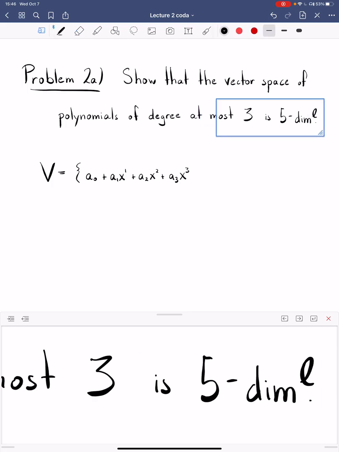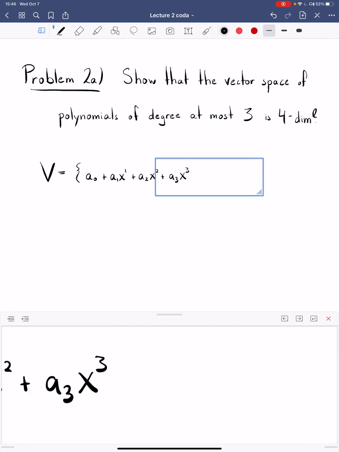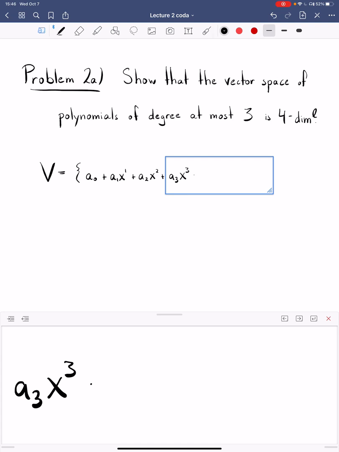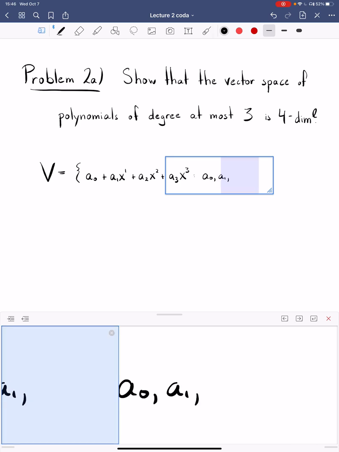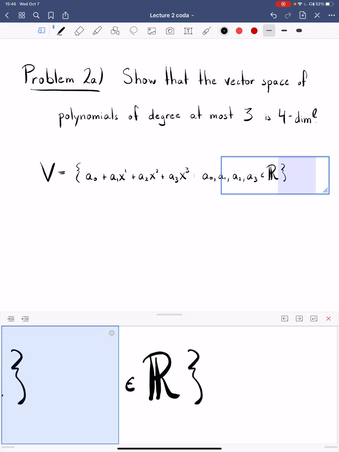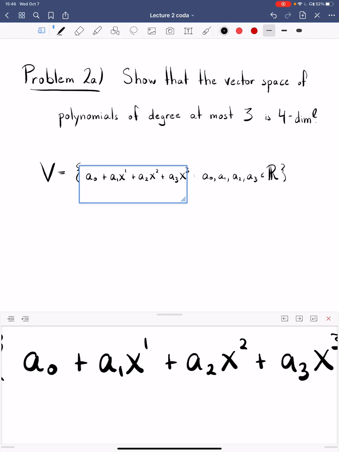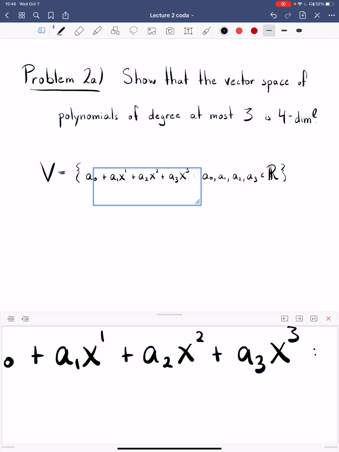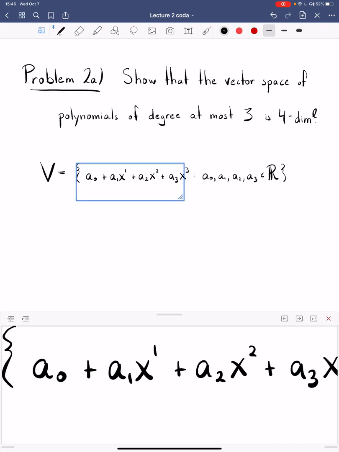Here x is a variable, and a0, a1, a2, a3 are real numbers, referred to as the coefficients of this polynomial. So this is a polynomial of degree at most 3. Why at most 3? Because a3 could be 0, which would mean the degree is strictly less than 3. And a0, a1, a2, a3 can be any numbers that you want.